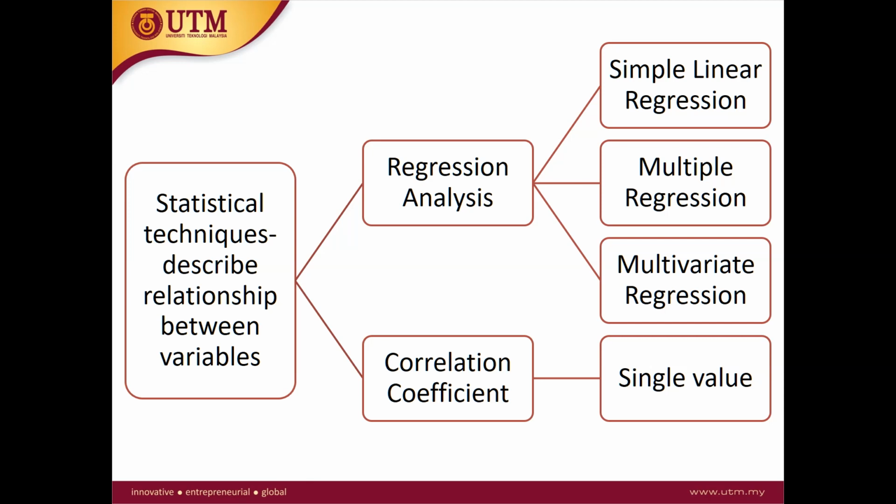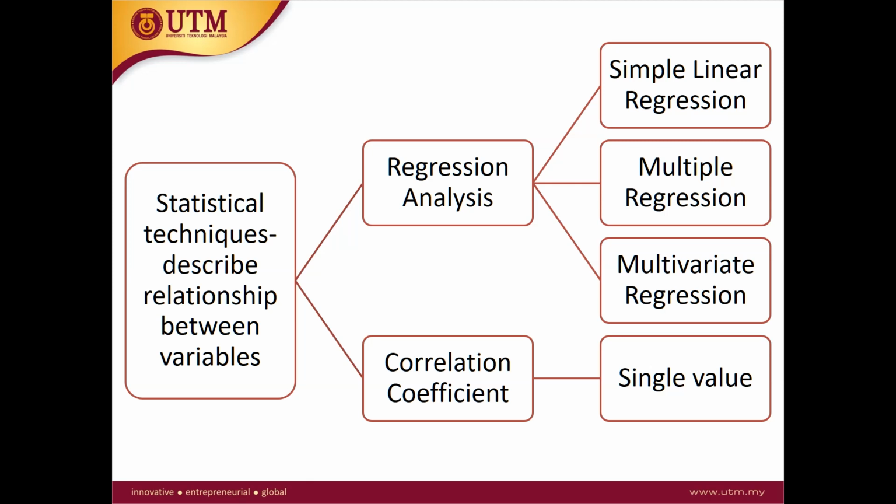Multiple regression is used when we have only one response variable and many predictor variables, meaning that if we have many x, for example x1, x2, x3 up to x5, but only one response variable, which is y, we can use multiple regression.